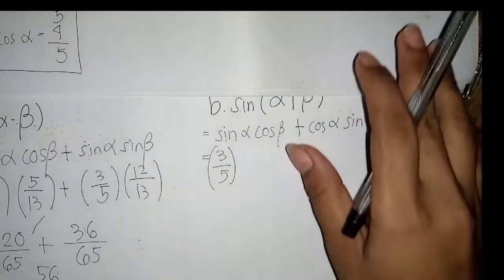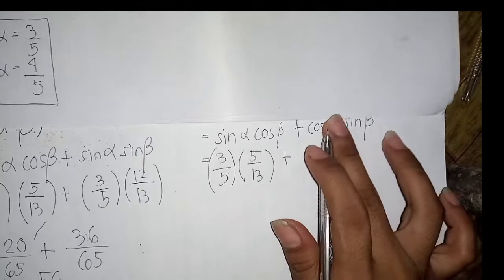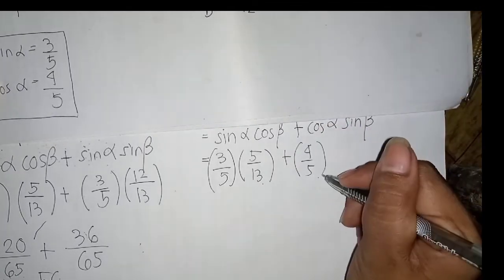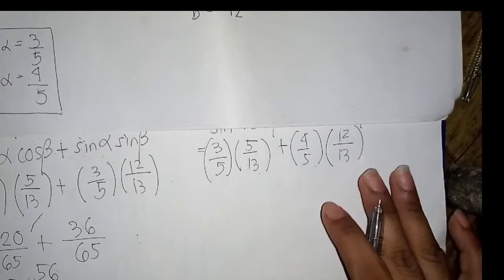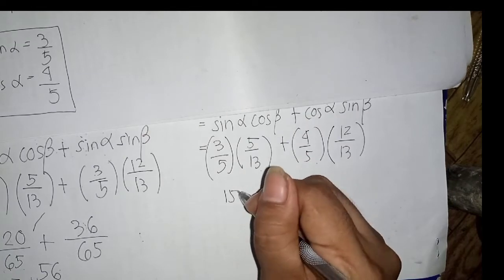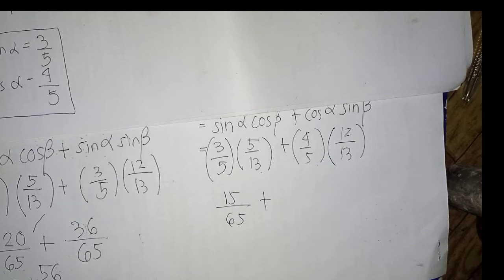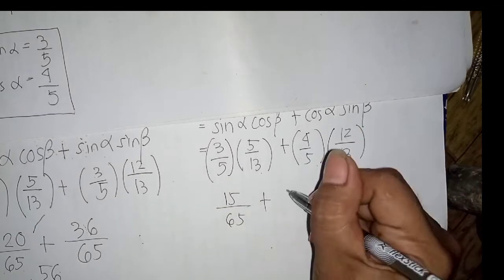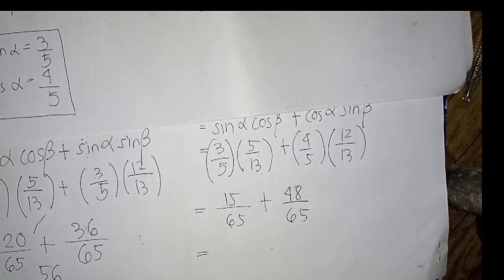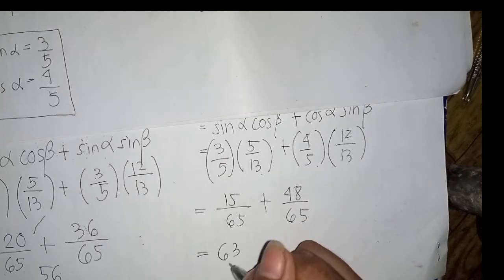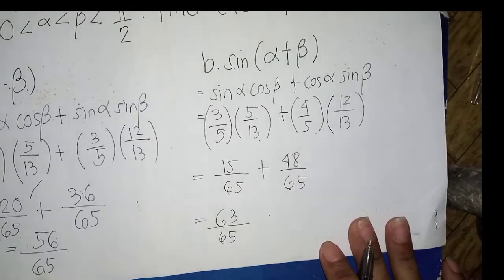Then our cosine beta is equal to 5/13 plus cosine alpha, which is 4/5, and then our sine beta is equal to 12/13. So, let's simplify. 5 times 3 is equal to 15/65 plus 4 times 12 is equal to 48/65. So, 15 plus 48 is equal to 63/65. So, nakuha na nato ang ating cosine and sine.